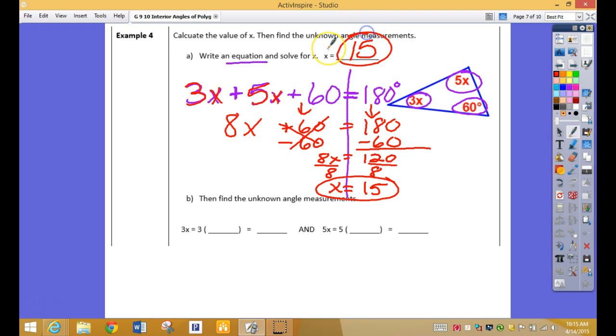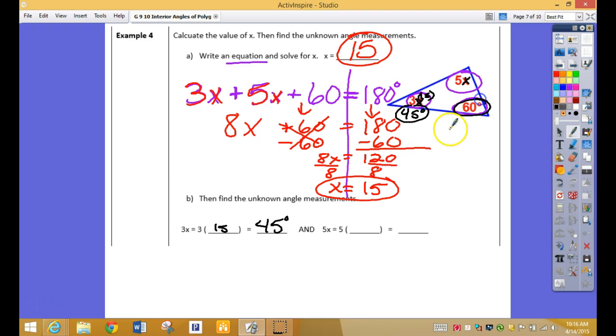No. We know that x equals 15, but I want to know what each and every one of my angles equals. So let's go up here, and in for the x, I put what? 15. So what is 3 times 15? 3 times 15, we're going to have 45 degrees for that angle. So this one's 45 degrees.